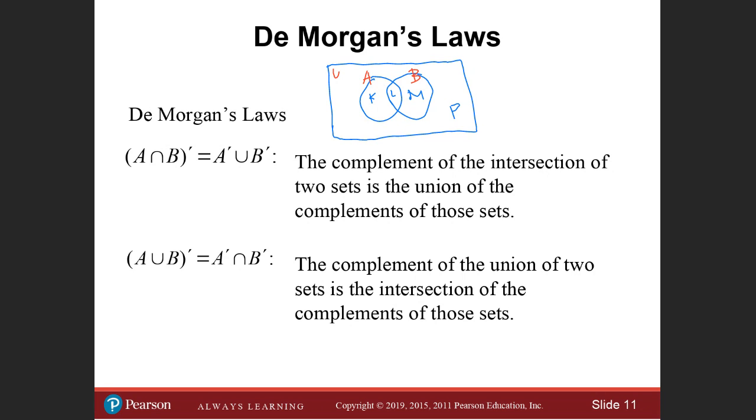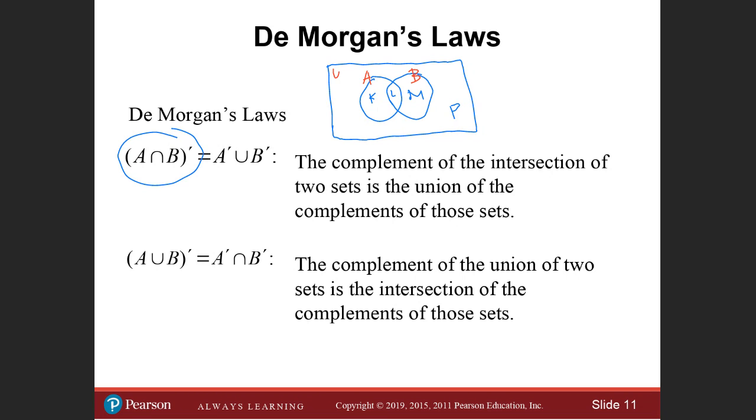Okay. So if I'm going to take the first side of the equation of the first De Morgan's law, it says set A intersection of B. So what is set A intersection of B?